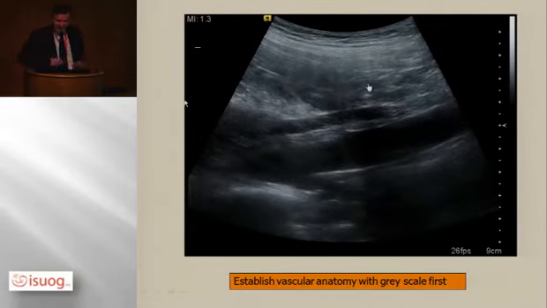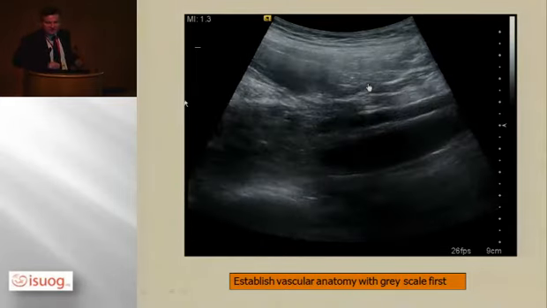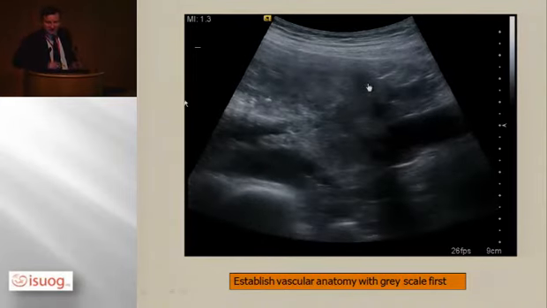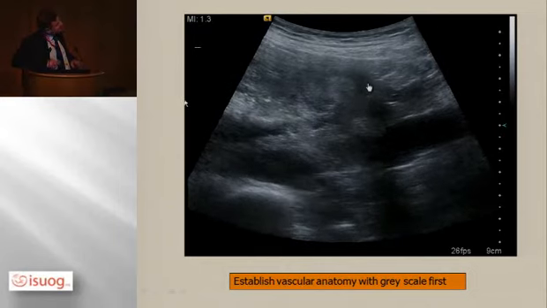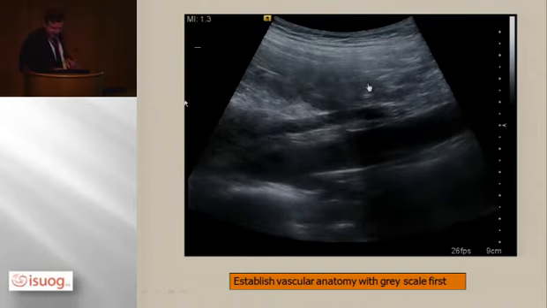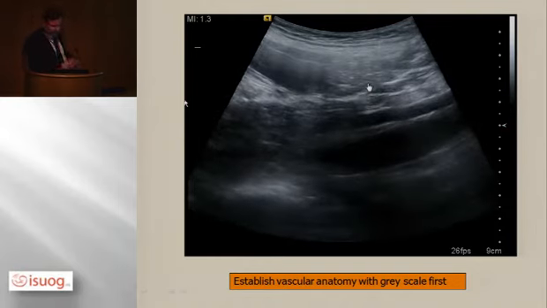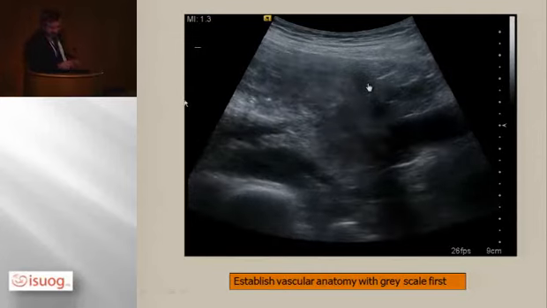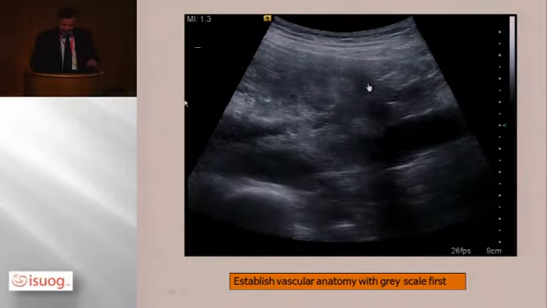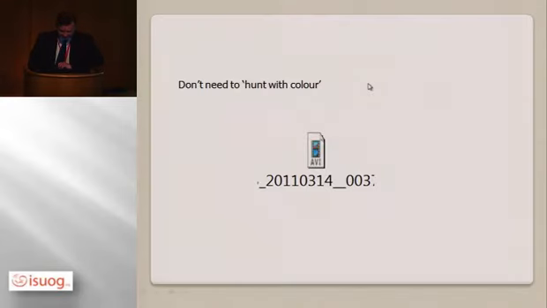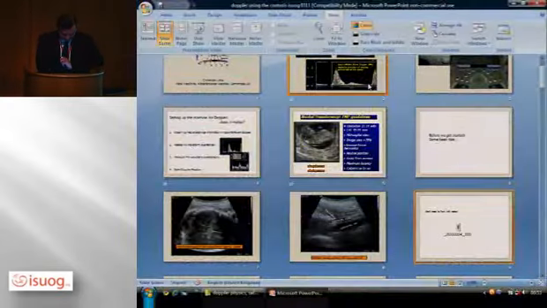And the same is true for uterine artery, although of course it's much less important from a safety point of view. Looking at the mother's circulation, we could see the external iliac, internal iliac artery, and if I play that again, you can just see, I think, the uterine artery crossing there. So my point is that you can see a lot without actually using Doppler before you move on to Doppler.